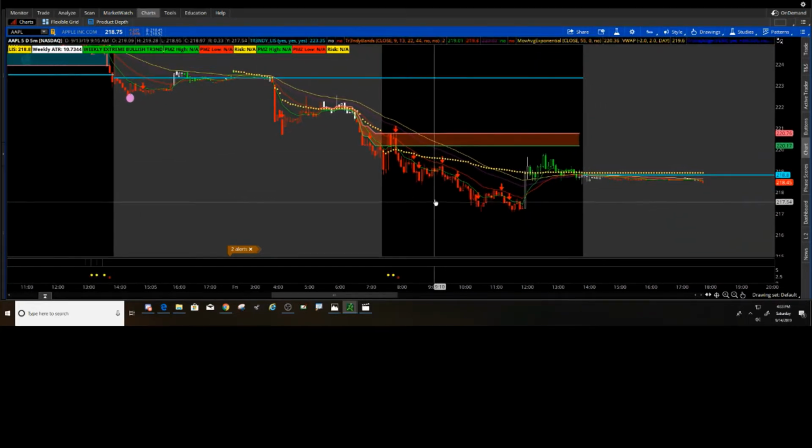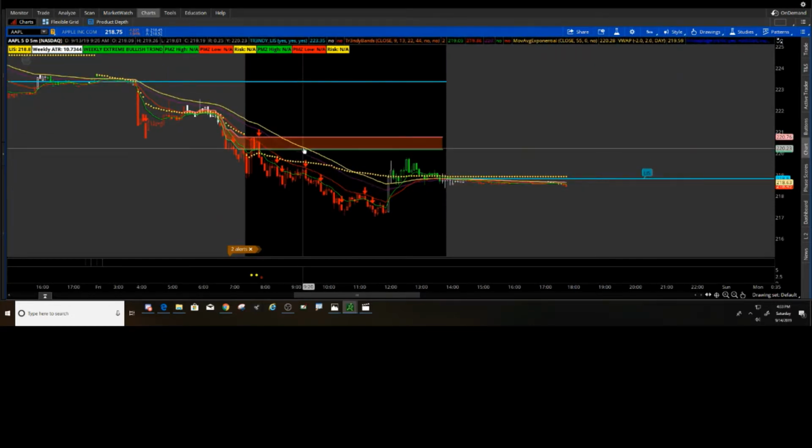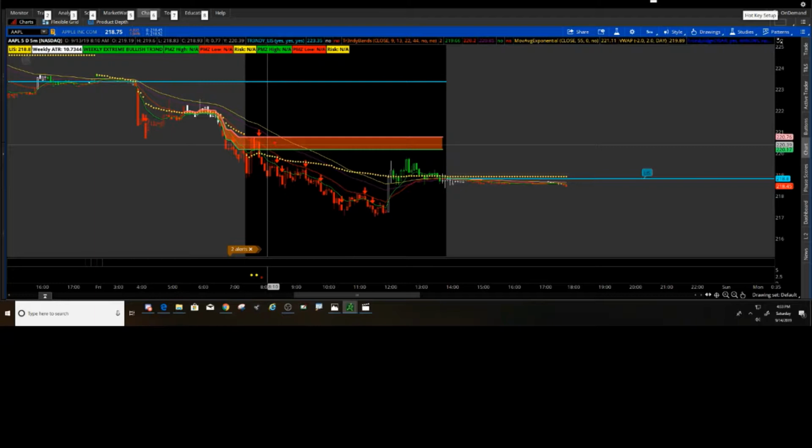Another thing it does: if you also purchase the PMZ, you can see how well these work together. You guys know this red box means price was below the line in the sand. We know that if price wants to break above the PMZ, which would be right here, and say we get support and a higher high, we put our stop here.